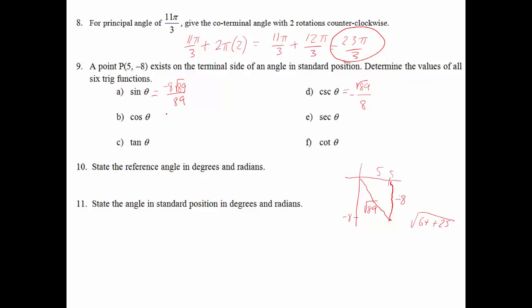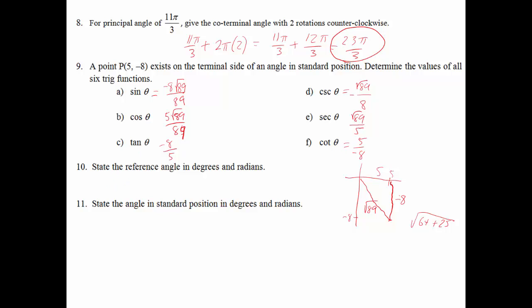Cosine is going to be 5 over radical 89. Oops, that's a 9. And then this will be radical 89 over 5. Tangent will just be opposite over adjacent, and cotangent is adjacent over opposite.